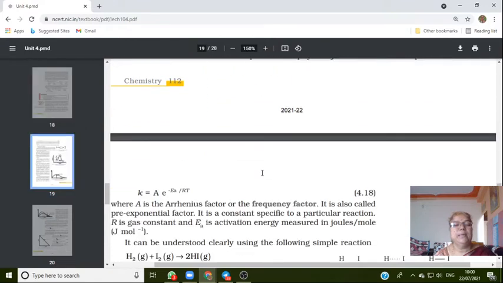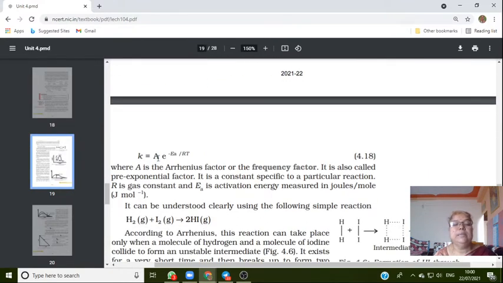Then the Arrhenius equation is given as k = A e^(-Ea/RT), where A is the Arrhenius factor or frequency factor, and it is also called the pre-exponential factor.